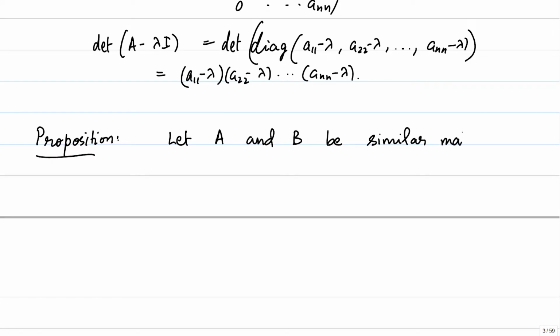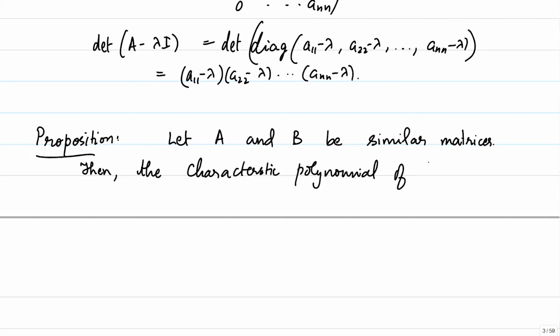Then the characteristic polynomial of A is the same as the characteristic polynomial of B.